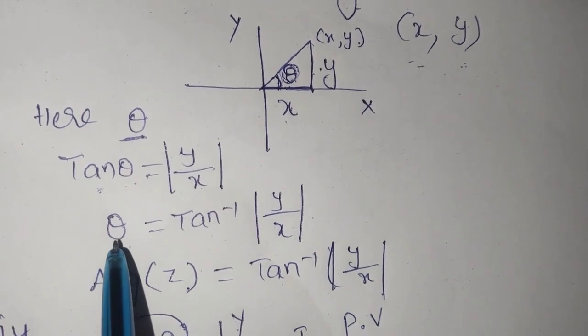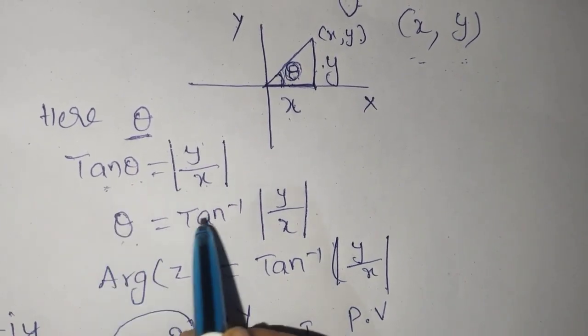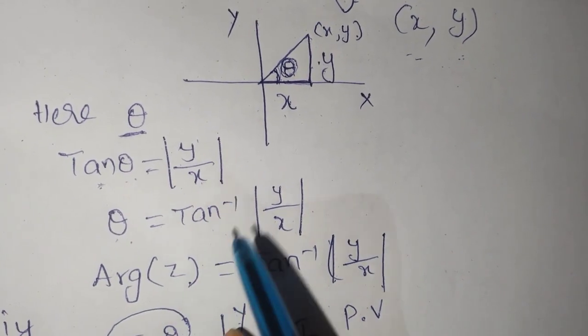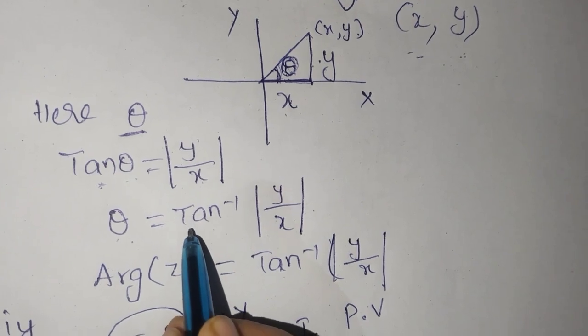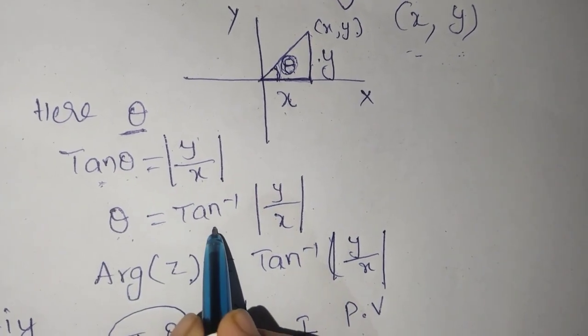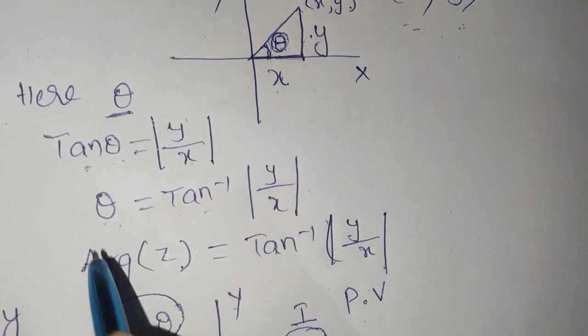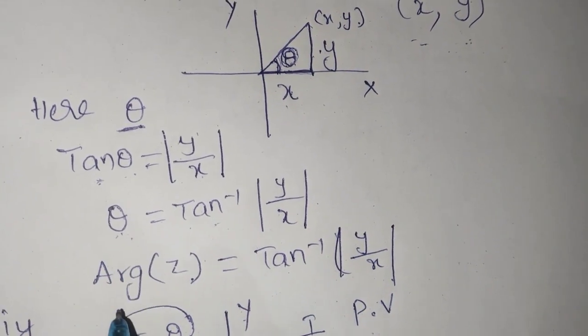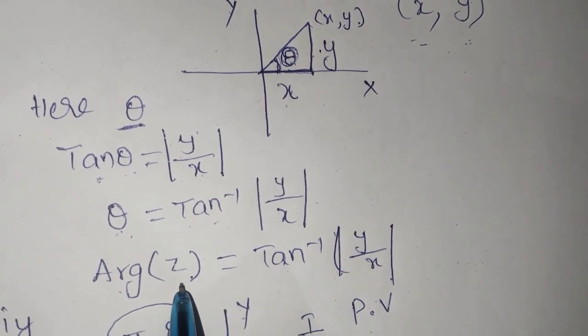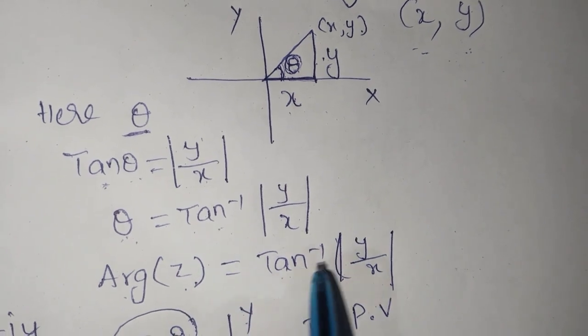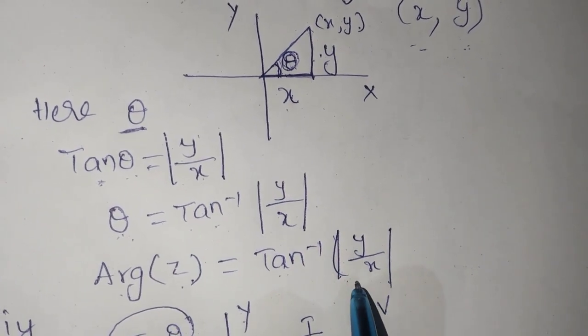Now we want theta, so send tan to the RHS, and we get tan inverse. Theta is tan inverse of y by x. So this theta is called the argument of z. Then what is the argument of z? That is tan inverse of y by x.